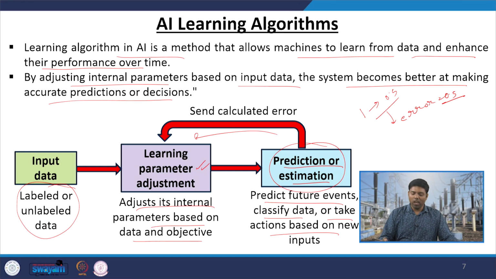It will say, okay, my error is not 0. When the error is 0, that means your learning is completed. At this time, my error is not 0, so you have to learn again and adjust your parameters, so that the error will reduce and move towards the 0 value.